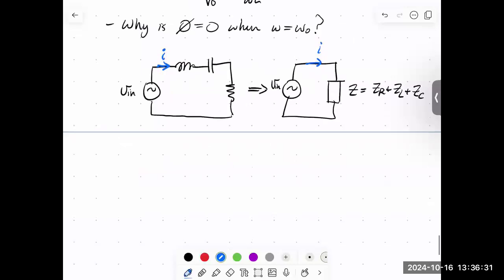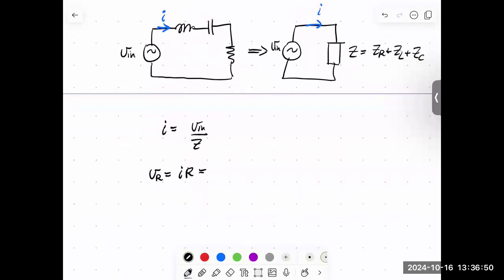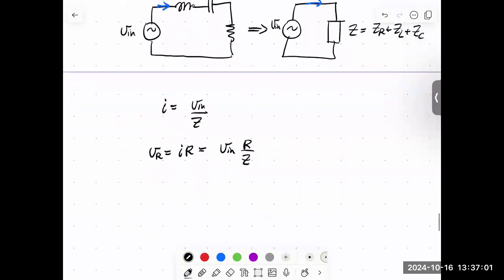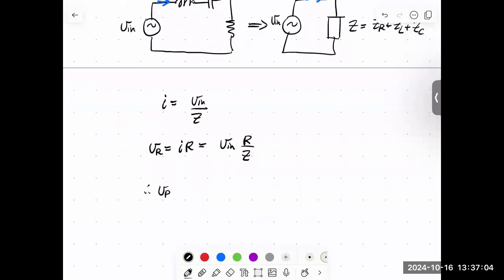And so that means I is equal to V in over Z. The voltage across the resistor is IR, and so that's just V in R over Z. And so if I wanted to look at the ratio of those voltages, that's going to be R over Z. Okay, good. So that's a starting point.